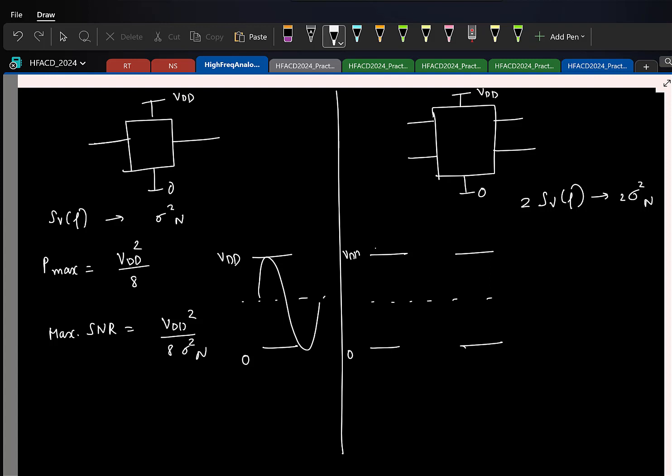If one of them does this, the other one will do the opposite. Now can you tell me what is the maximum differential sinusoidal amplitude I can apply? Here it's VDD by 2. In the negative it is minus VDD by 2. Differentially VDD, right?